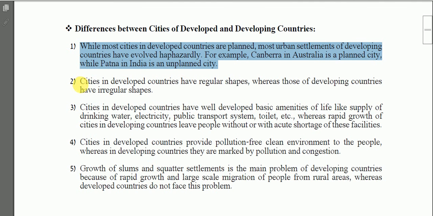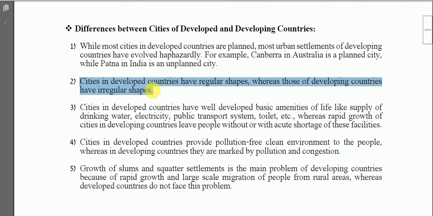Then another point of difference: cities in developed countries have regular shapes, whereas those of developing countries have irregular shapes. Let me repeat. Cities in developed countries have regular shapes. By mistake I said irregular, so it must be regular.